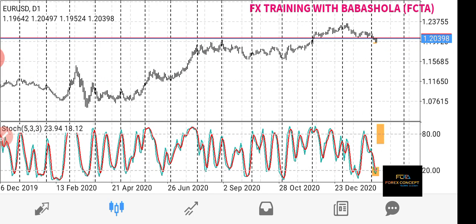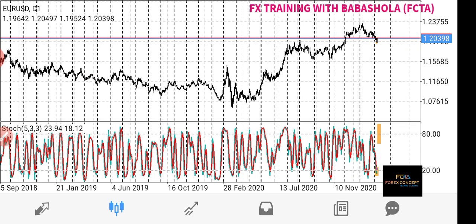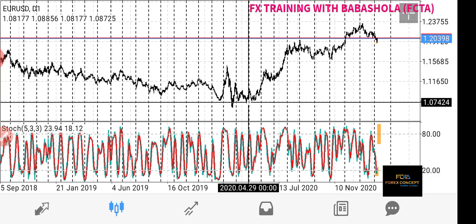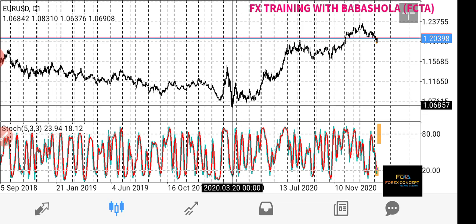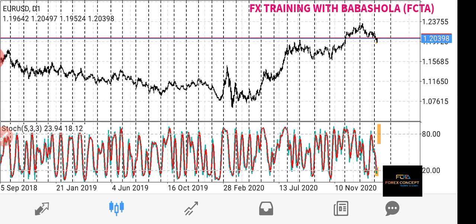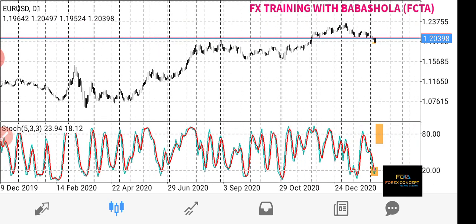Okay, so on the D1, right here we have an uptrend from this point to this point, so we can have something like this. And recently price has been retracing.